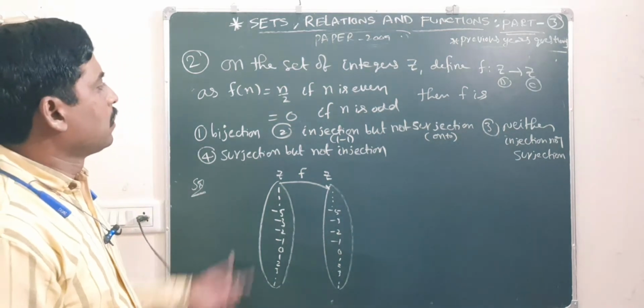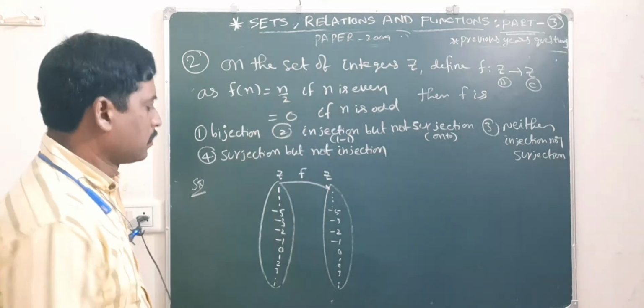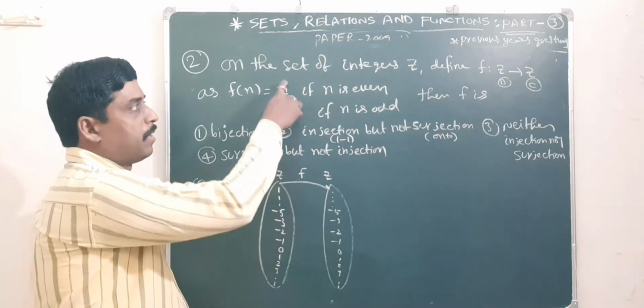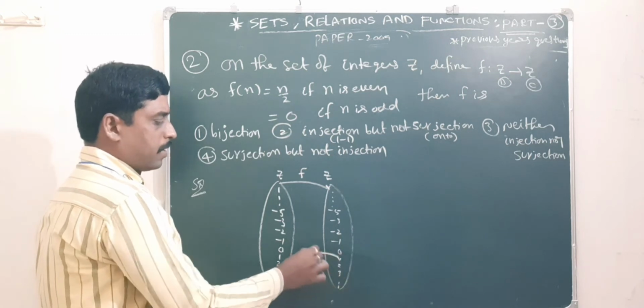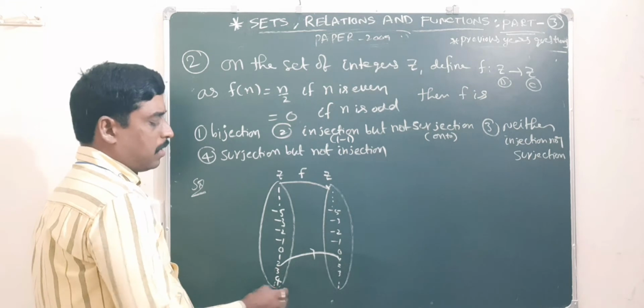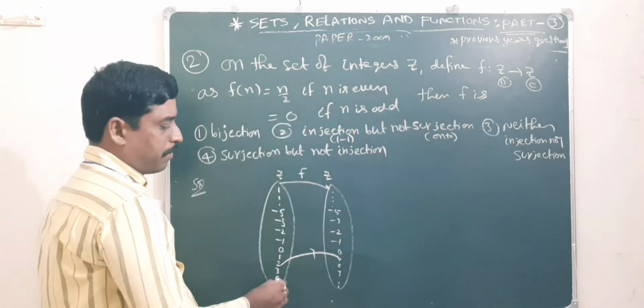For an even number, the output is n by 2. So let us take an even number. 2 is an even number, so 2 by 2 is 1. So 2 is mapping to 1. Then 4 is an even number, so 4 by 2: 4 is mapping to 2.